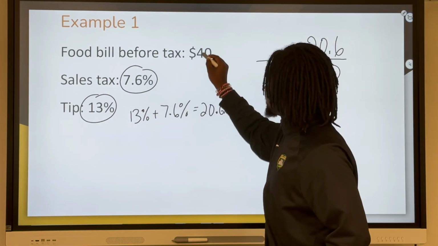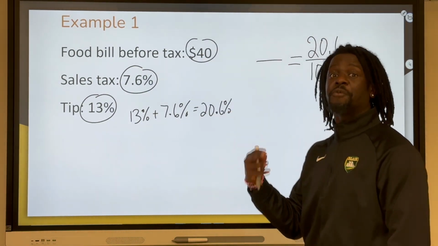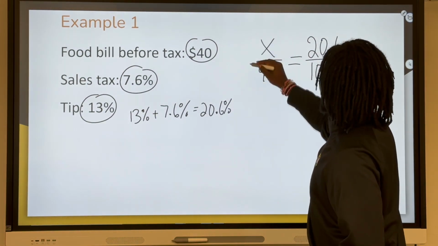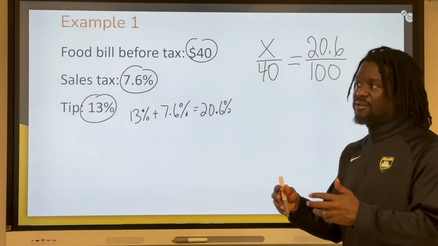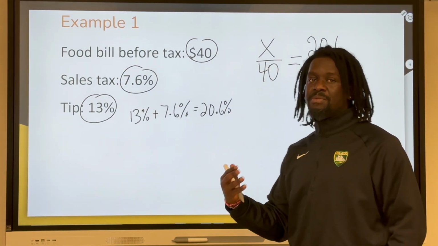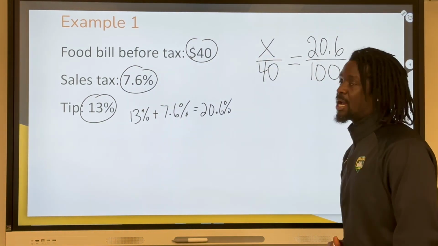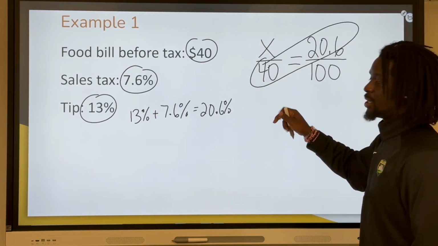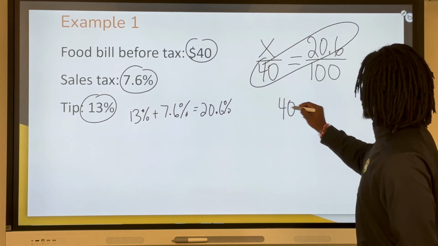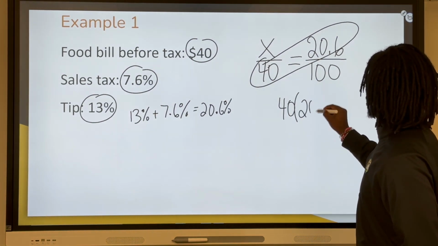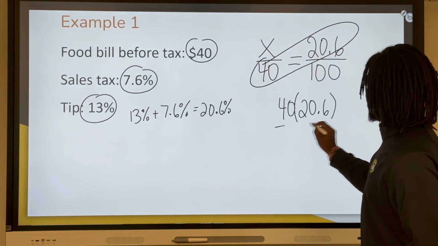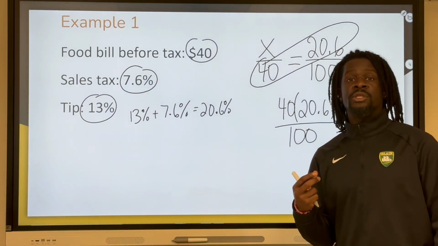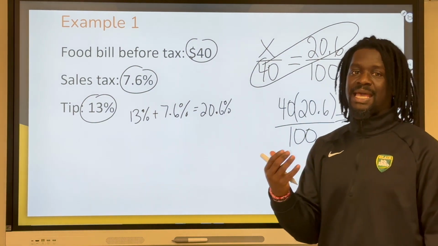Then the $40, that is the bill before. That is my B, my base. And then the part of it that is going to be my taxes and tips, I'm going to figure that out with an X. So once I have this proportion set up, I'm going to cross multiply 40 times 20.6. Then I'm going to divide that by 100, and that is going to give me the total of the sales tax and the tip.